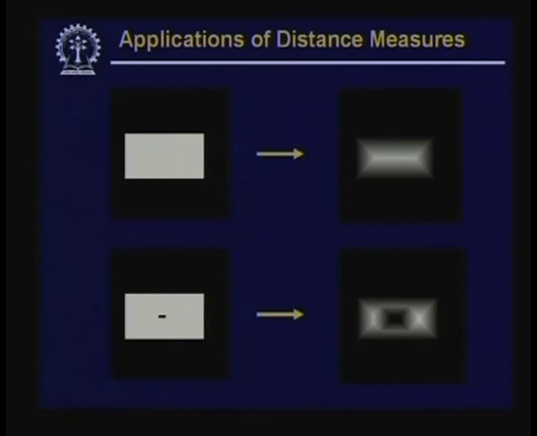If you analyze this distance transformed image, there are a few points at which there is some discontinuity of the curvature. If I can identify these points of curvature discontinuity, those are the points which lie on the skeleton of this particular shape.